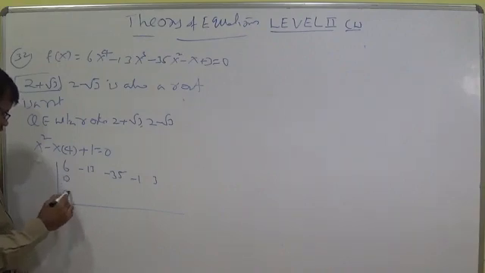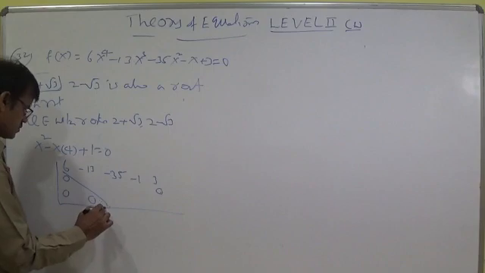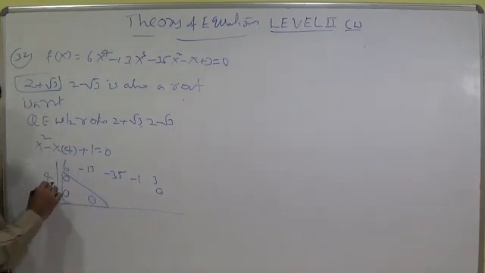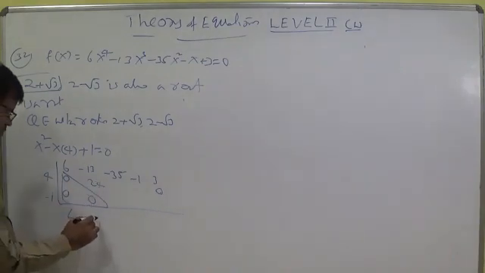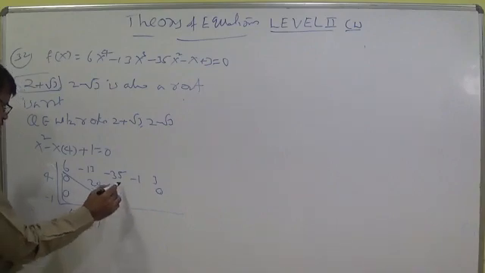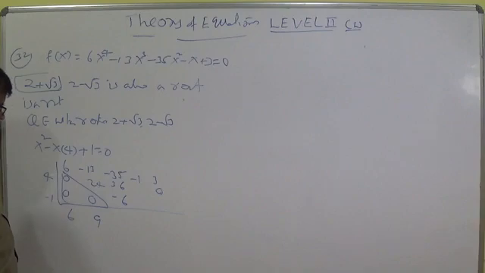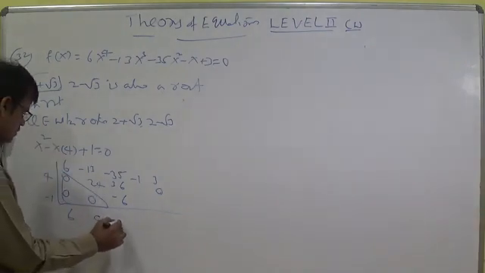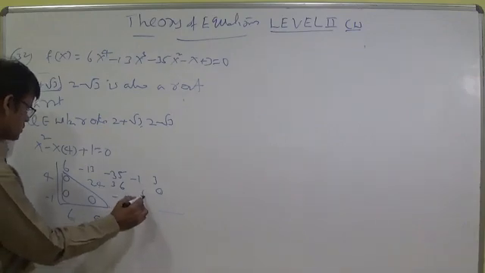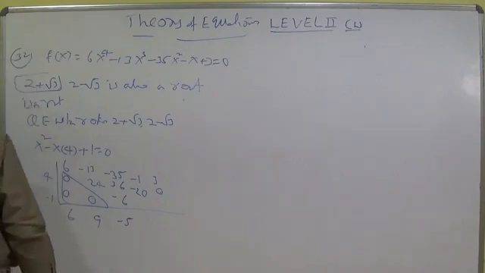Put here 0, 0, 0, 0, this is the triangle 0 concept. Here it is 4 and this is minus 1. 6 fours are 24, 24 minus 13 becomes 9. 9 fours are 36, this is minus 6. 36 minus 35 is 1, minus 6 is minus 5. Minus 5 into 4 is minus 20, minus 6.